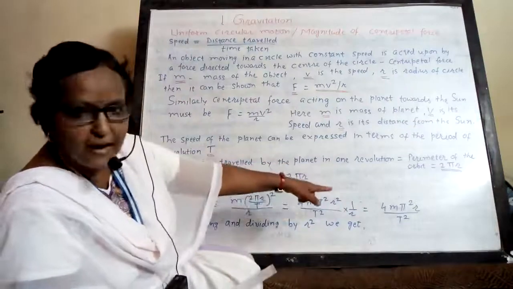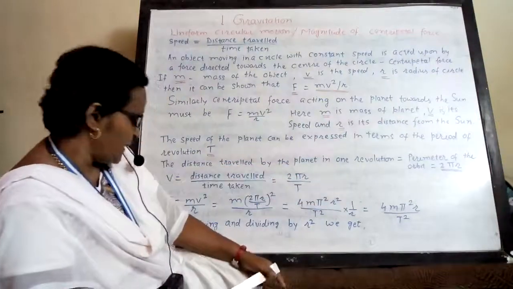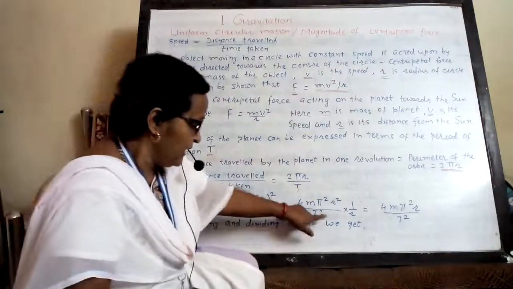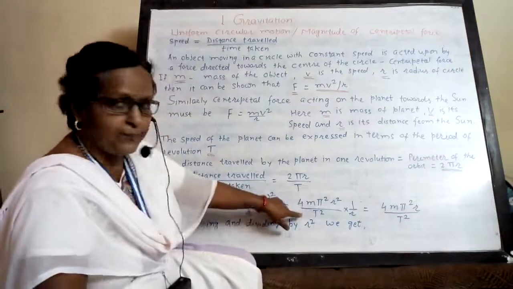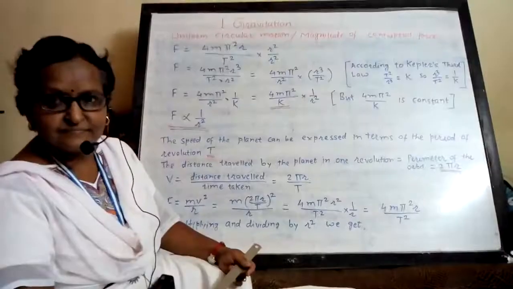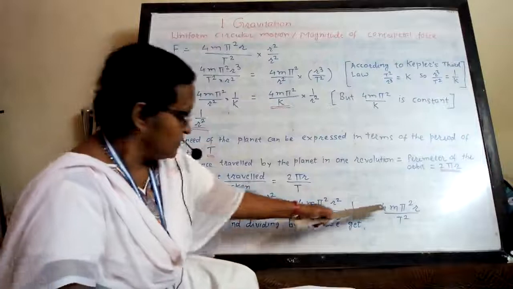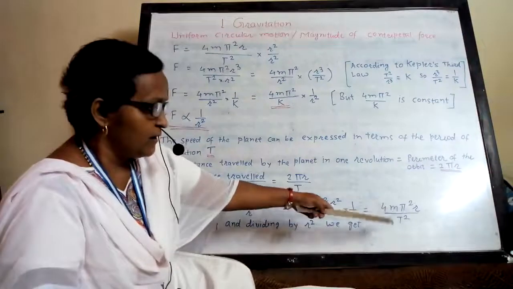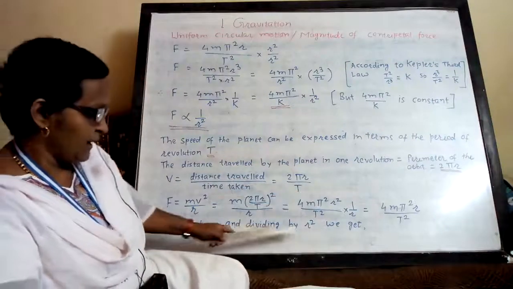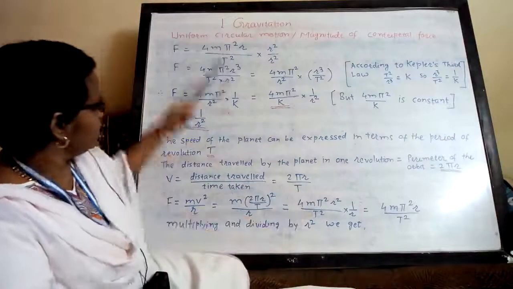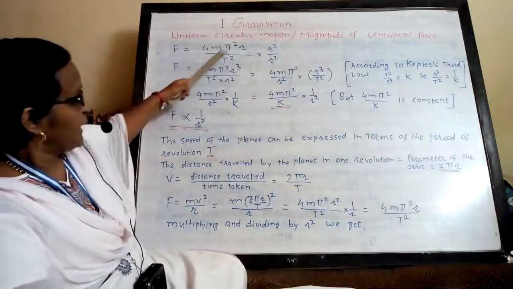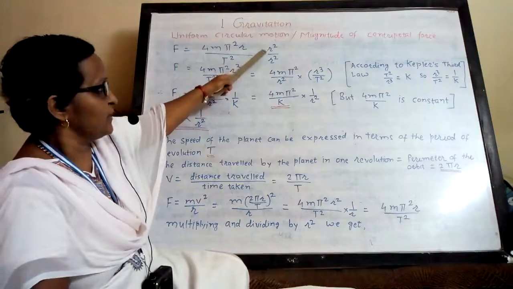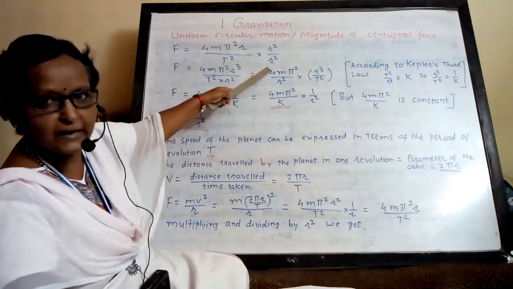So 4m pi squared r divided by t squared. Now we multiply and divide by r squared. So F is equal to 4m pi squared r divided by t squared, and we multiply and divide it by r squared.